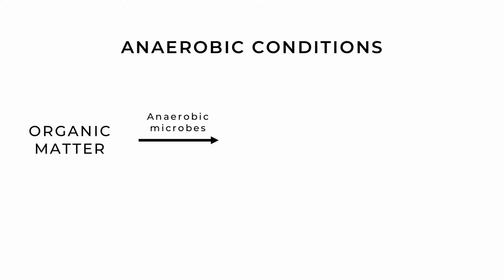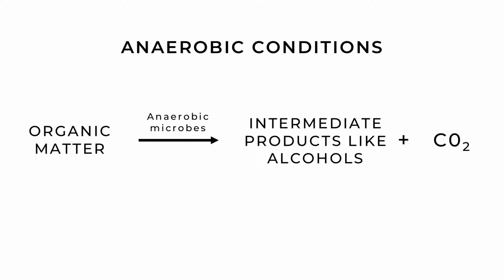Under anaerobic conditions, there is an absence of gaseous oxygen. Therefore, anaerobic microorganisms obtain oxygen from other sources like the organic matter itself. The intermediate products are primarily alcohols, aldehydes, and organic acids, plus carbon dioxide.